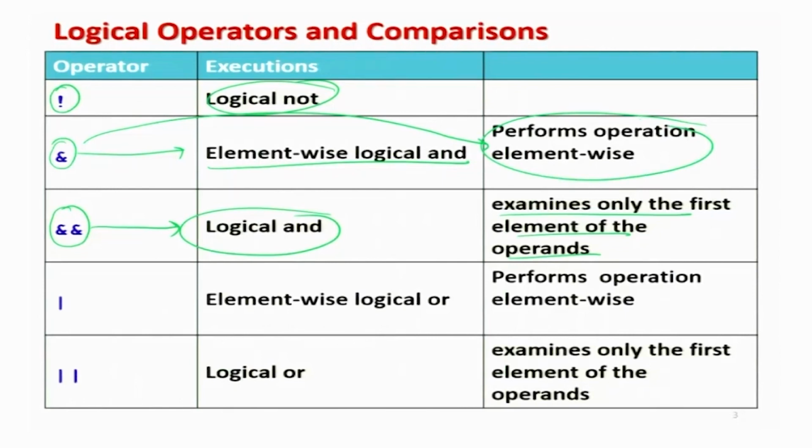And similarly the OR operator, which is indicated by a single vertical line or double vertical lines, is the logical operator for the operation OR. The single operator gives you element-wise logical operation, that means it works for the entire data vector, whereas if you use double vertical lines, this is also logical OR, but it works only on the first element of your data vector.